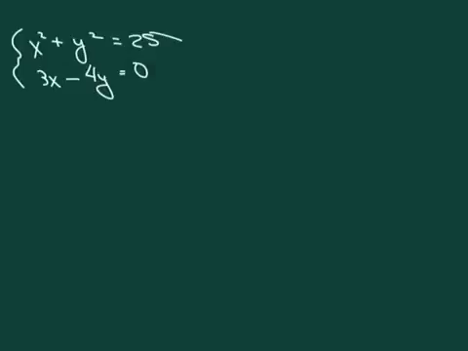Okay, so if we do it as if we were going to do substitution, we would solve for one of the variables here. So let's just solve for x. All right, so x equals 4y over 3. So now, whenever we see an x in this top one, we're going to put 4y over 3.